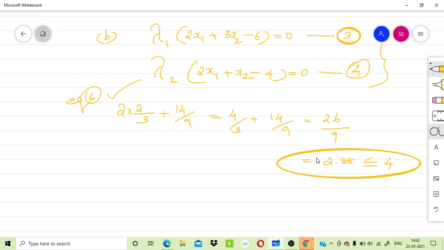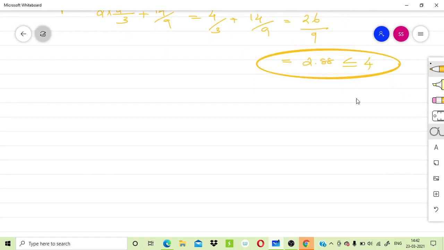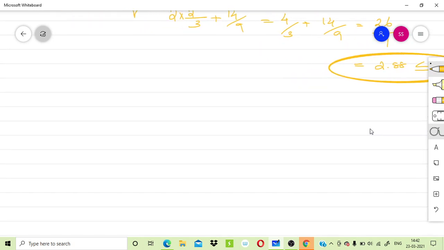Okay, so the solution in this case: x1 equal to 2 by 3 and x2 equal to 14 by 9 and lambda 1 equal to 1 by 3 and lambda 2 equal to 0 satisfies all the Kuhn-Tucker conditions.